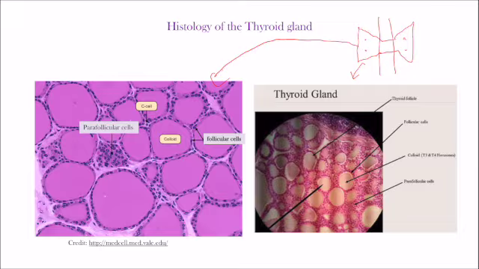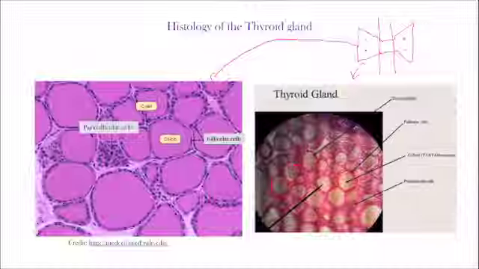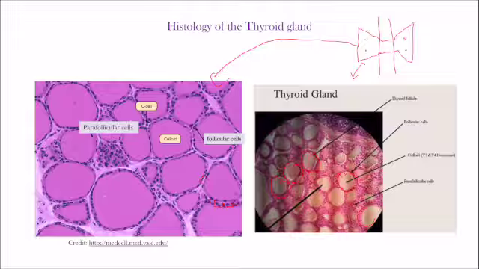This thyroid is histologically very unique because it's composed of numerous spherical structures called follicles. You can see a bunch of them here. Around each follicle are the follicular cells. In between, you see the parafollicular cells.